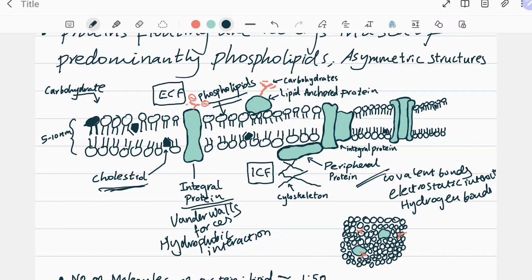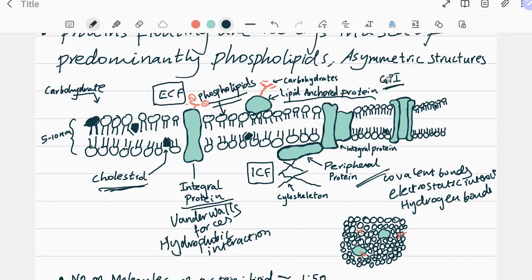There are some other proteins called lipid anchored proteins. These proteins are bound to a phospholipid, not a phospholipid, an important glycolipid called glycosyl phosphatidyl inositol.